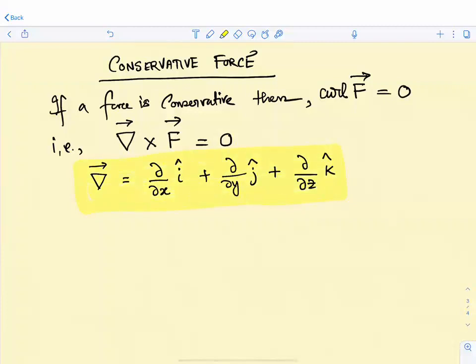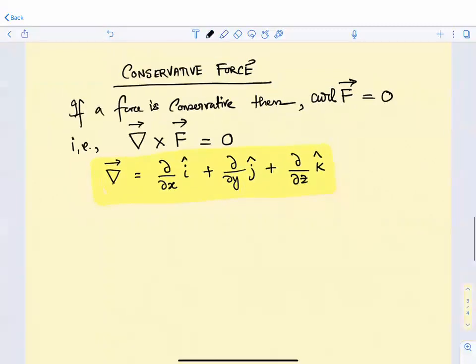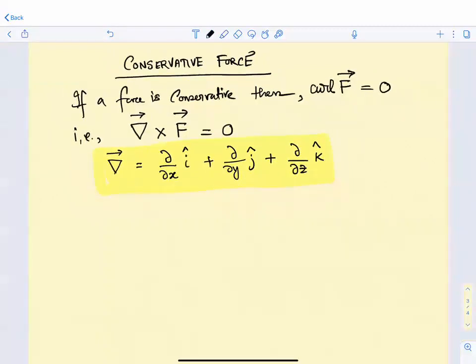Okay. Say, an example of the del operator: say potential energy.